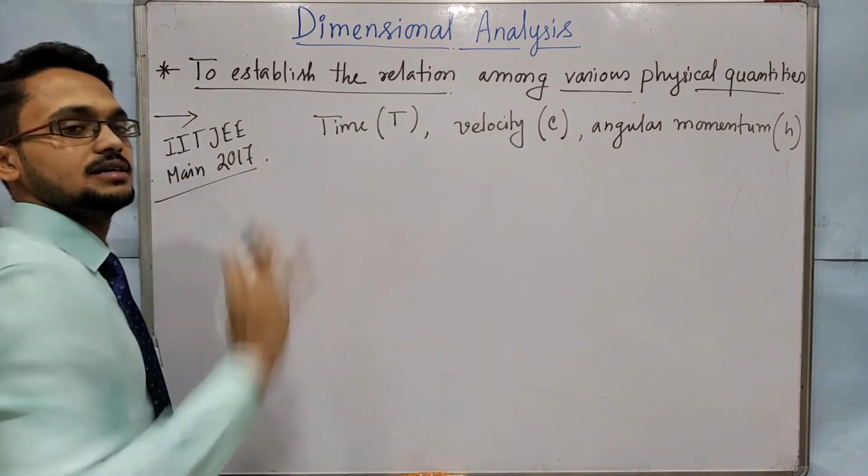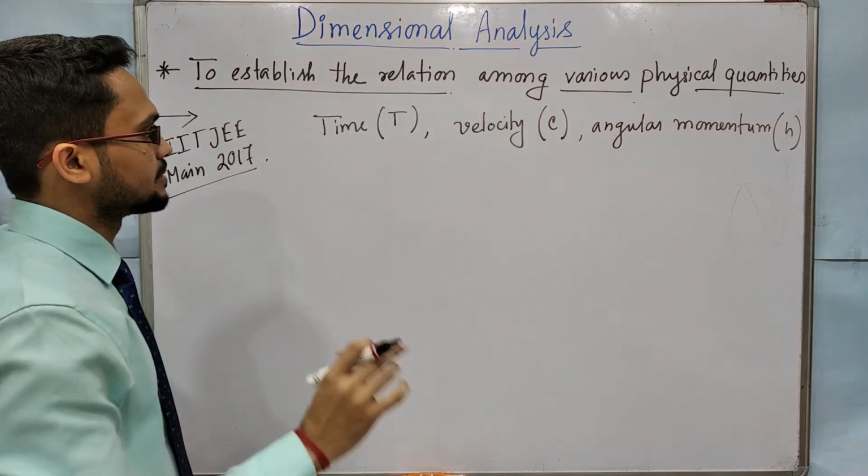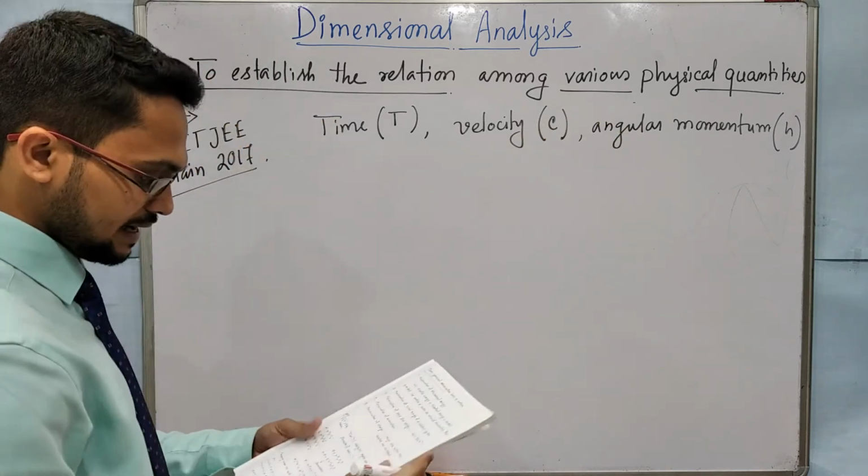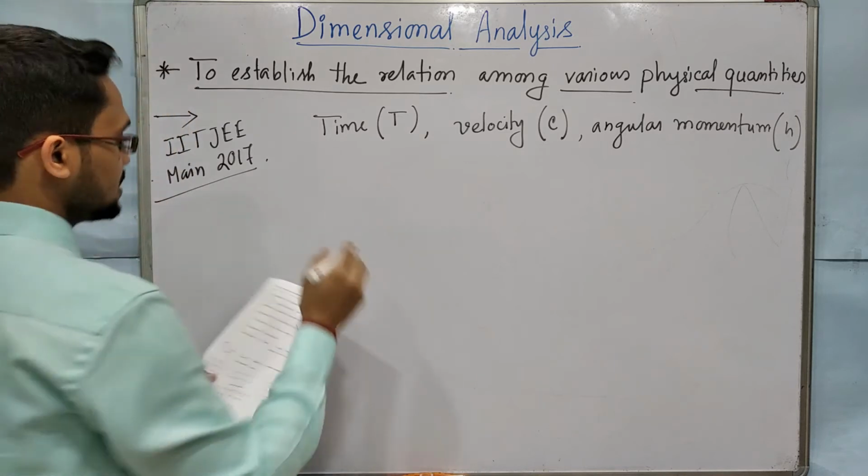It is given in the question that these three are the basic physical quantities. You have to find the dimension of mass.